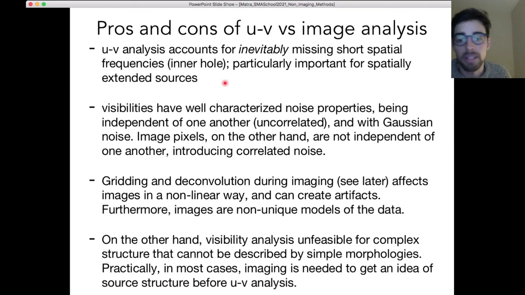On the other hand, the visibility analysis doesn't have this problem, but of course, visibility analysis is infeasible if you have complex structure, which is hard to picture in UV space. So if you have many point sources, or you have really complex structure that is hard to analytically think of what their Fourier transform would be, then you really need to practically carry out imaging, at least to get an idea of the source structure before you go further into UV analysis.